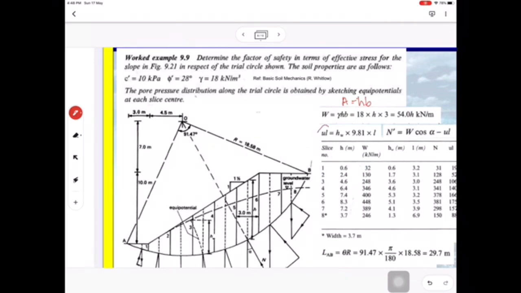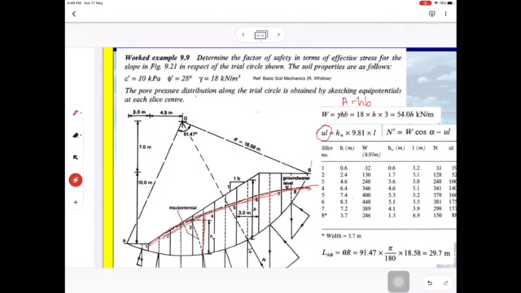Okay, so UL. In this example there's a water table here, the groundwater table. So in this slope, you have to determine HW and total H. Okay, what is the difference between this H and HW? H is the total height.